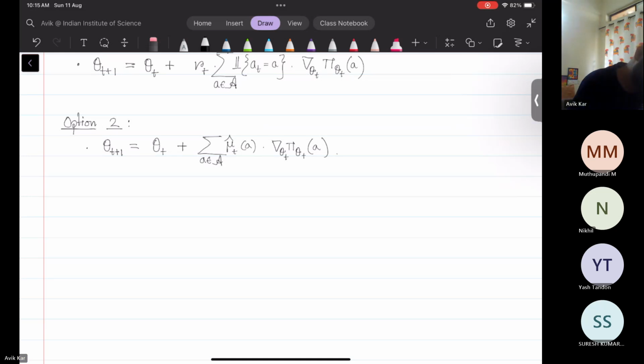So instead of taking this mu hat t, we can replace it. I'm coming to why we need to use a baseline. That actually stabilizes our algorithm, stabilizes the parameter theta. So minus some R bar t. I'm coming to what R bar t is.